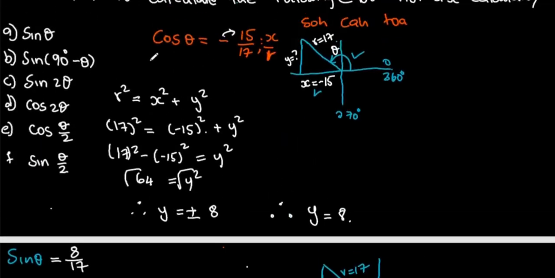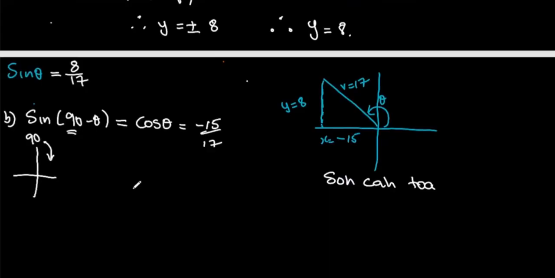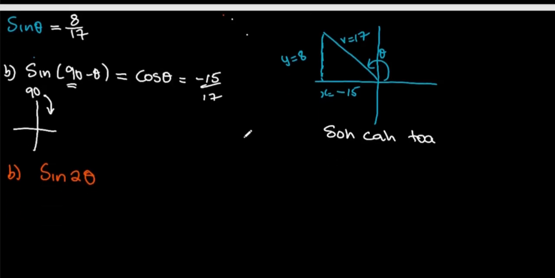The next question wants you to find the sine of 2 theta. Let's write it down. This is C. We need to find the sine of 2 theta. This is a double angle for sine, and everyone in this lesson knows that. If you are watching, please make sure that you pause and work on this question.